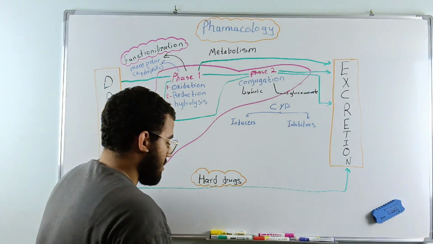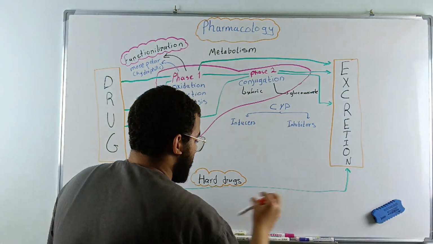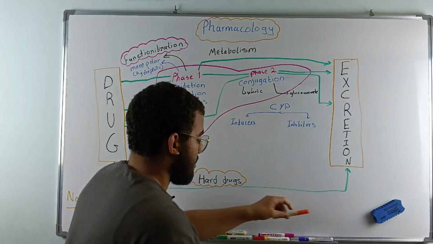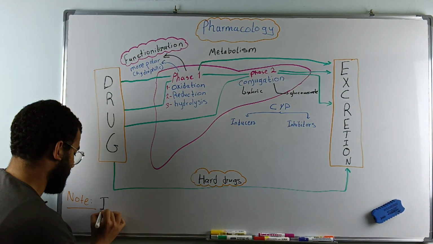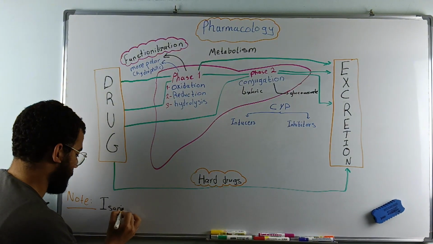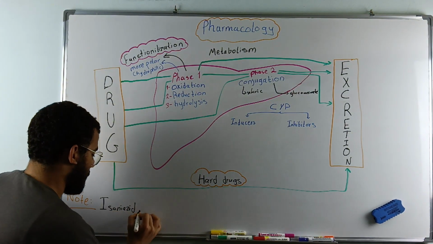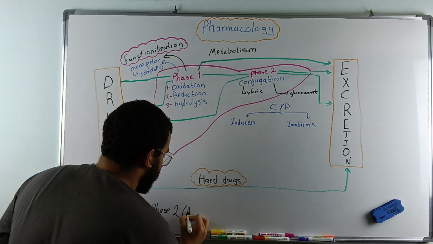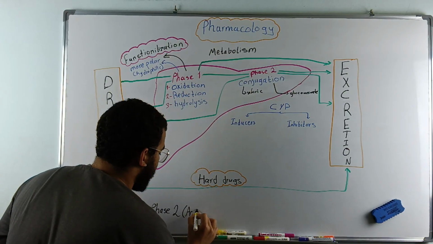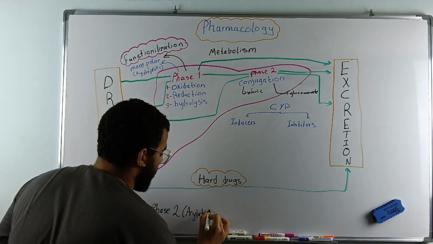which is a drug called isoniazid. Phase 2 first, it gets acylated. Acylated means adding an acyl group to the drug.